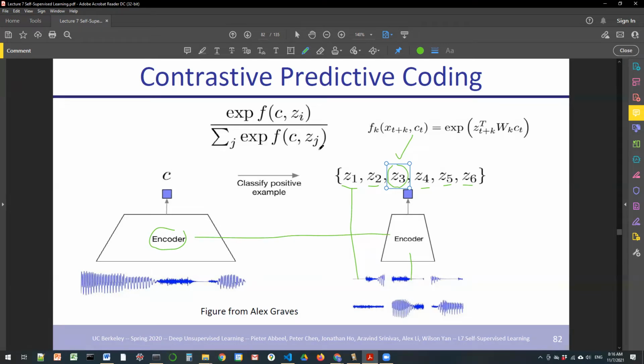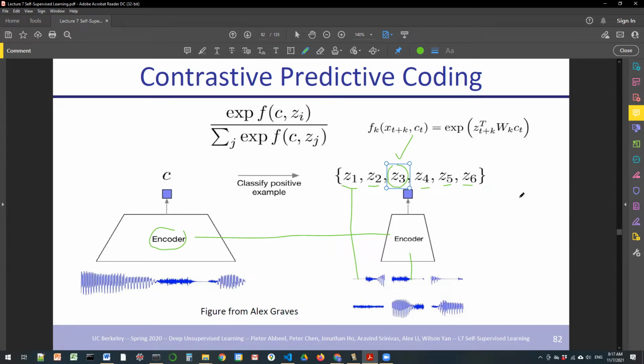And then by using this loss, you train it so that it's able to do a good job of classifying the positive example correctly, and treating the other latents as negative examples.